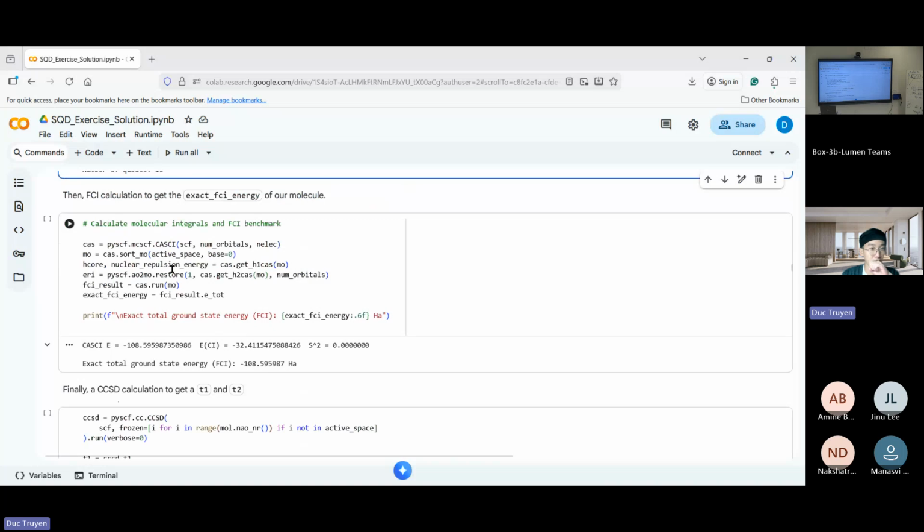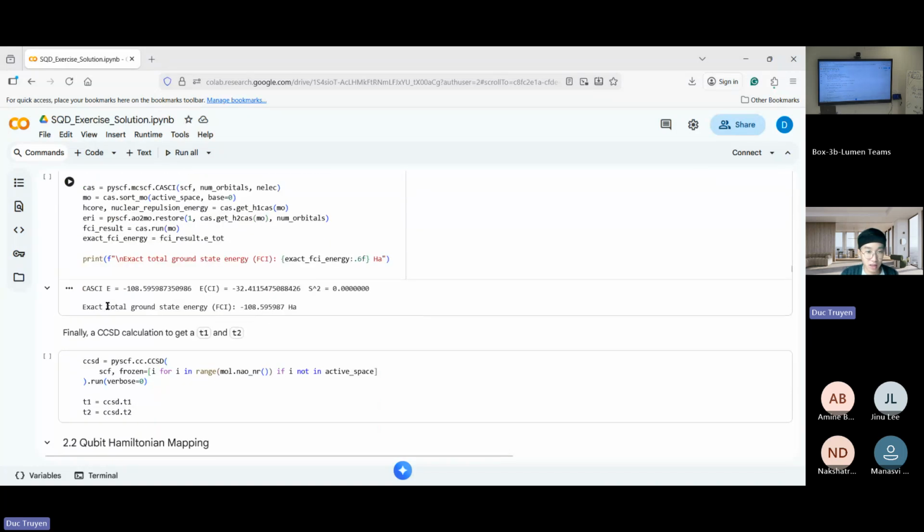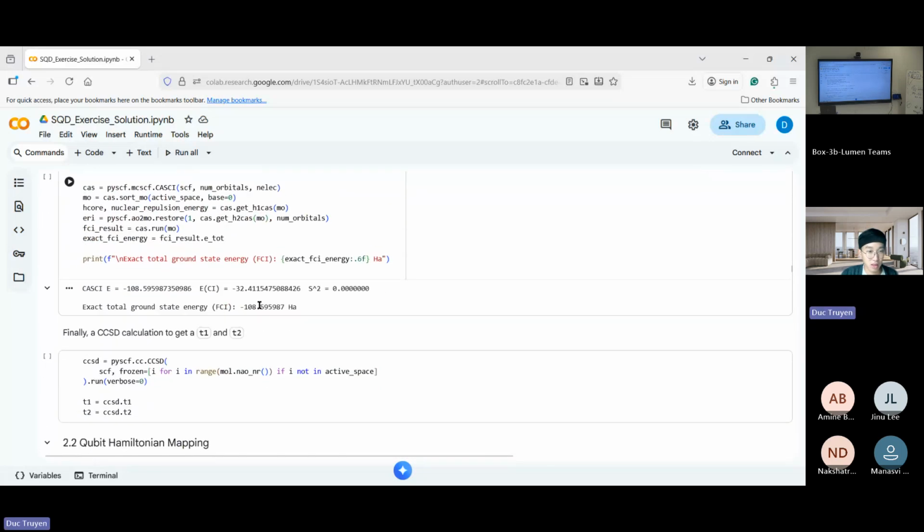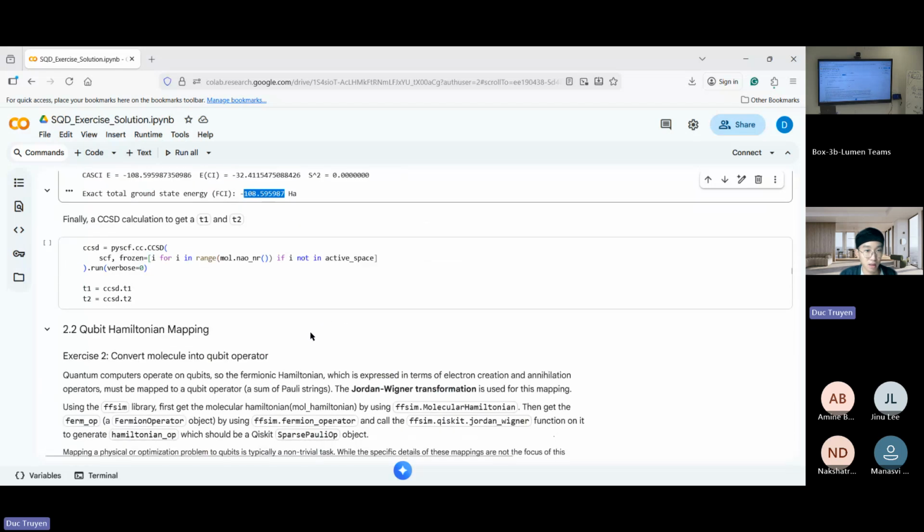It's the classical method people often use in quantum chemistry to calculate the ground state. Here we can get the exact ground state from this package. But you should know that in a larger space with a more complicated molecule, it's not an easy way to solve it with this method.